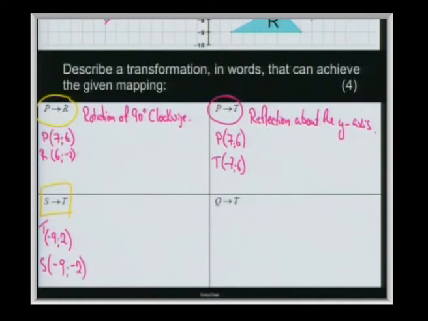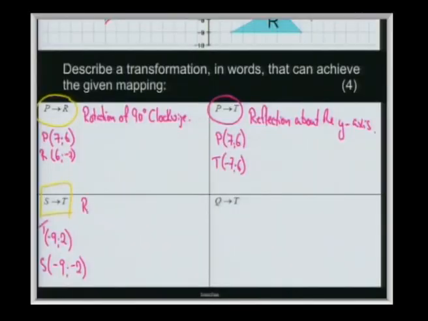All right, what's happened here? The x's have stayed the same and the y's have changed. So, yep, it is a reflection about the x-axis. And why are we doing this in words? Is because that's what they wanted us to do. We're describing the transformation in words.